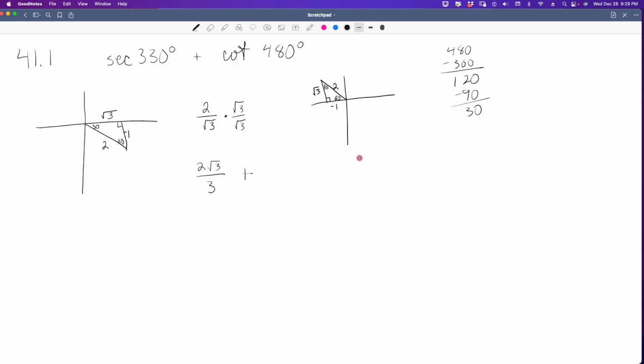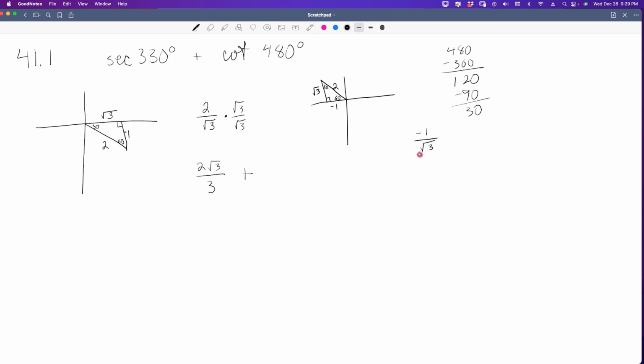So that's going to be adjacent over opposite. So the adjacent to my 60 degree is negative 1. So that's going to be negative 1 over the opposite, which is the square root of 3. Yeah, adjacent over opposite. We don't use the hypotenuse with the tangent.